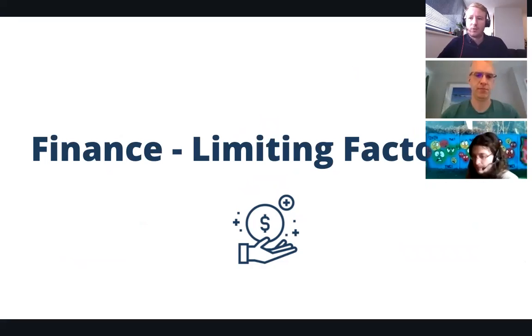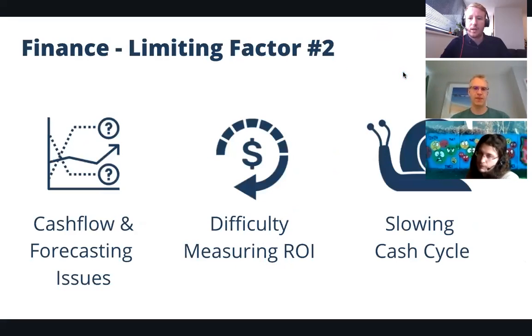This can be a really tricky one, and some of the common things that we see are these three elements. The first is around cash flow and forecasting. It doesn't matter how you're funded, whether you're bootstrapped, funded exclusively from customers, you've got loans or debt from the bank, or a venture capital type arrangement.